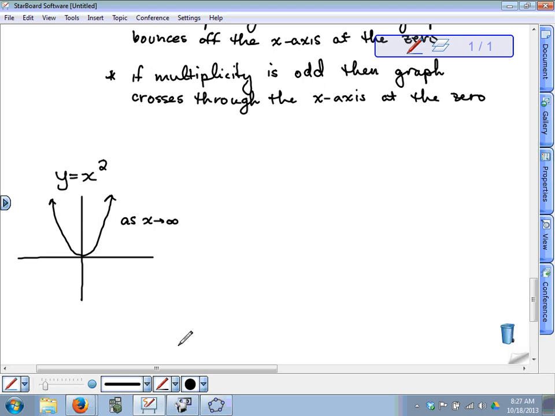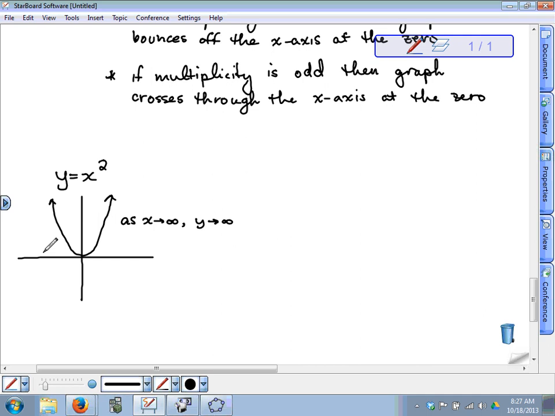So as the x values get larger and larger, 2, 3, 4, 5, what's happening to the y values? What are they approaching? This arrow means approaching. As x is approaching infinity, what's y approaching? Infinity. So that's the end behavior on the right side of the graph. You have to state it this way. As x approaches infinity, y approaches infinity.